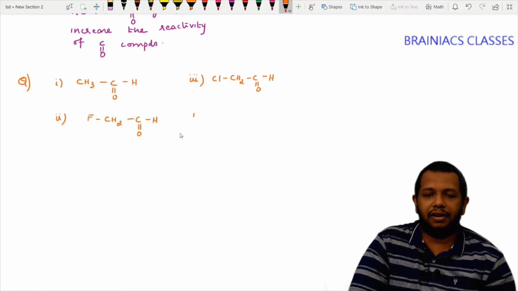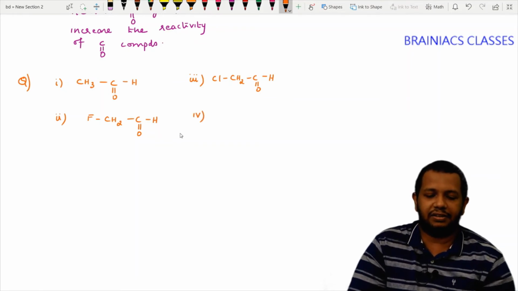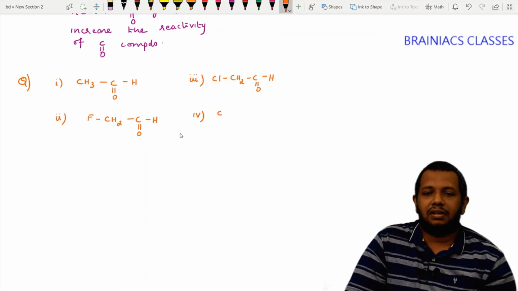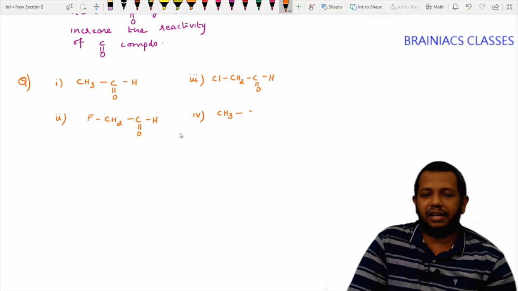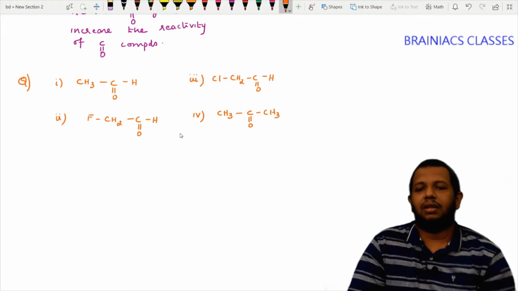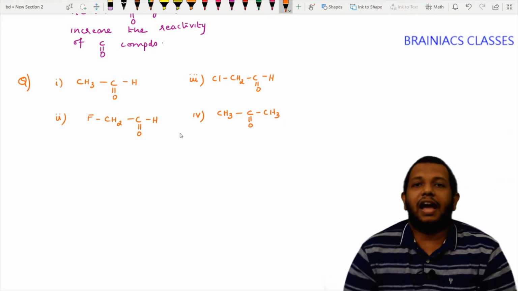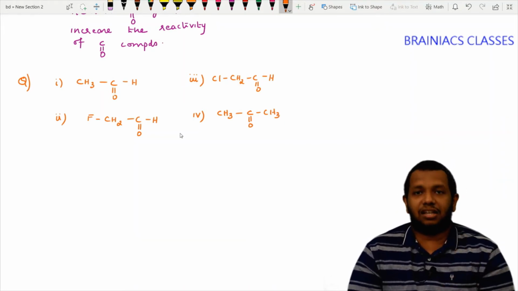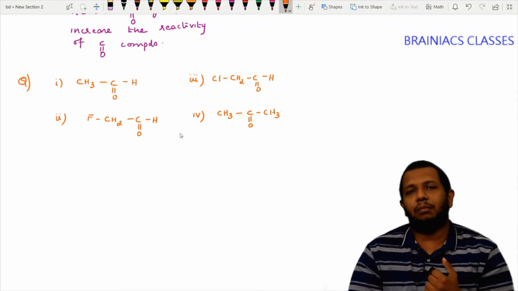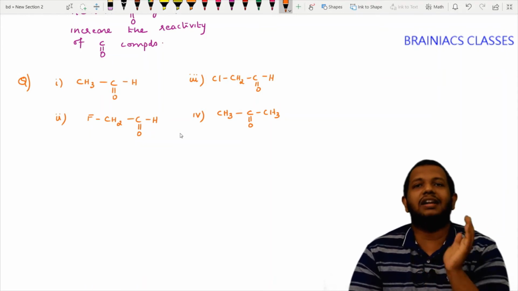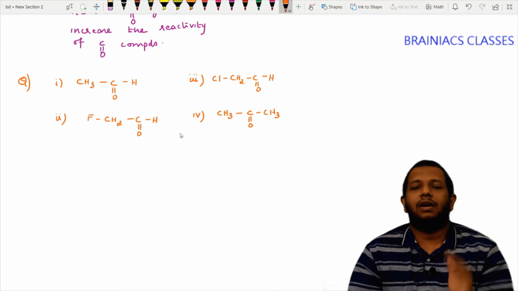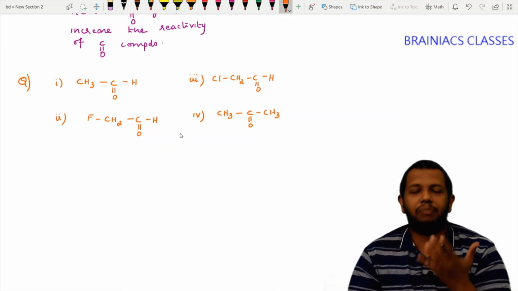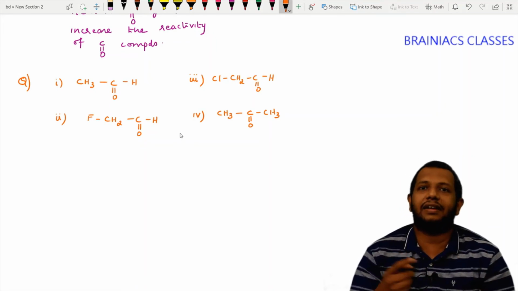And a fourth like this: CH3, not an aldehyde, a ketone, CH3, C double bond O CH3. So these 4 are given and you need to predict the reactivity order. Which one is more reactive, and write it in decreasing order of reactivity. Okay, let me take it one by one and analyze it. Then only I can say that, correct?